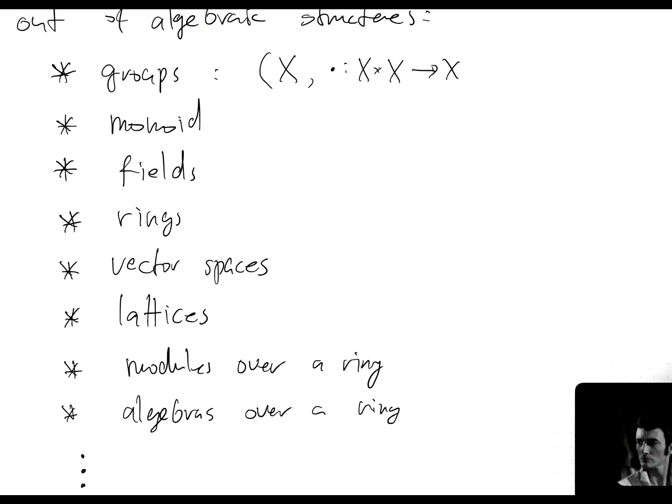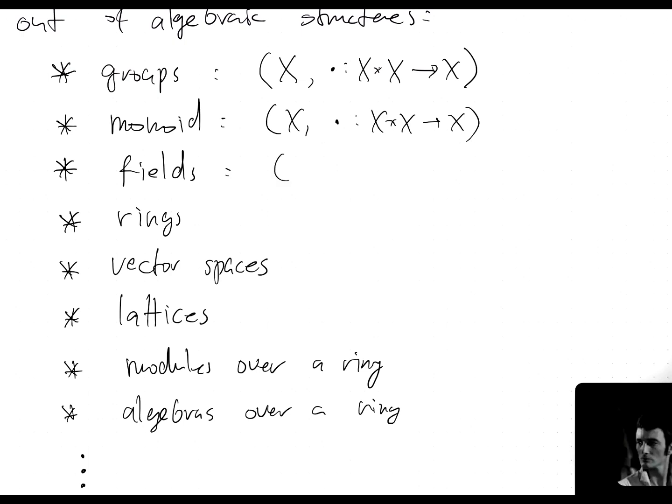So just like in the data of a category, we didn't specify identity morphisms, we had them only in the axioms. In the same way, a group can be more efficiently defined using just a single binary operation. The axioms will also involve existence of inverse elements and identity elements. A monoid has a similar structure. A monoid is also a set with a binary operation.